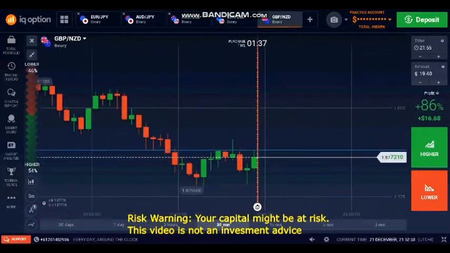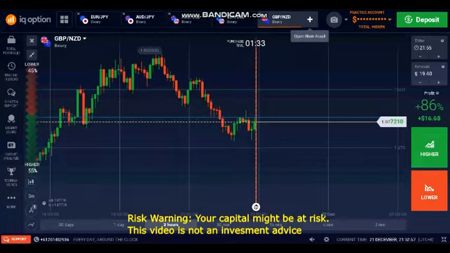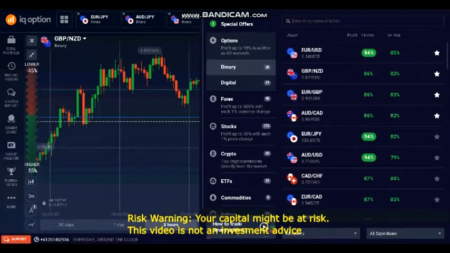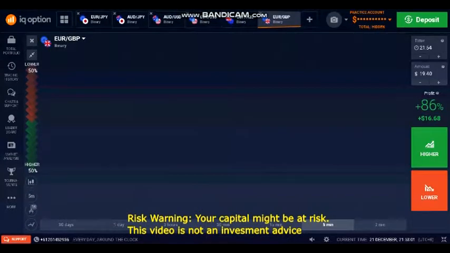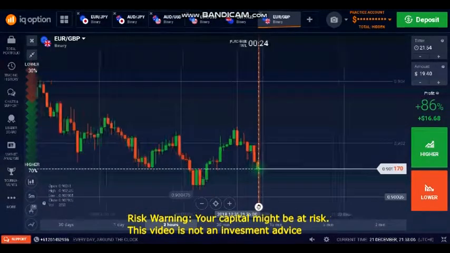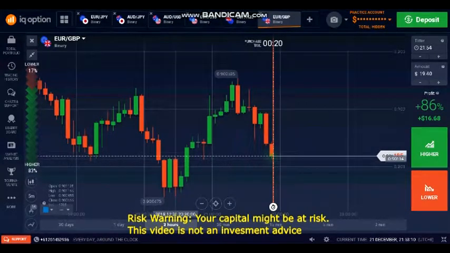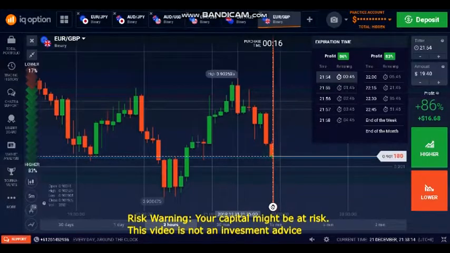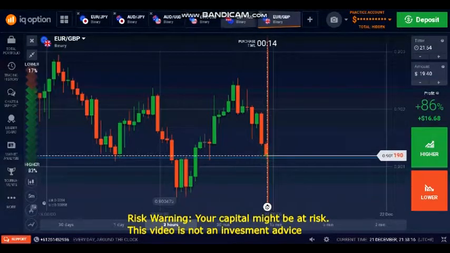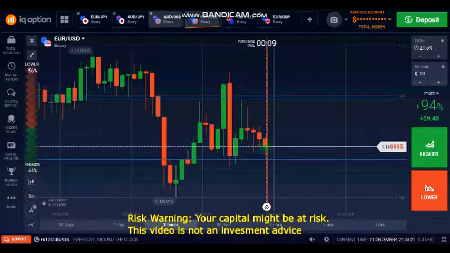Okay, let's just wait and watch how the market behaves. Euro GBP. Yep, I think I see this support level. It's quite a strong level. But we can't enter. Let's just wait for the candle to finish and we'll enter the next candle.